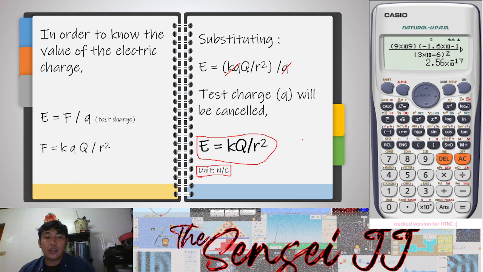Okay? So this is the unit of our electric field. Here's the formula: E is equal to kQ all over r squared.